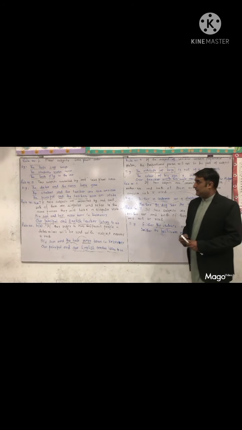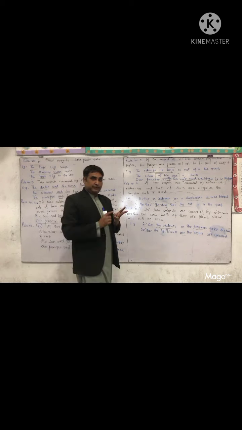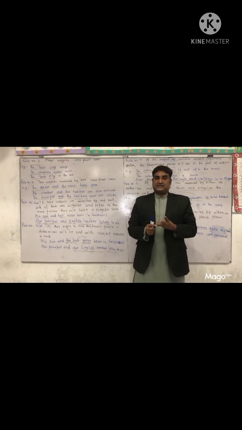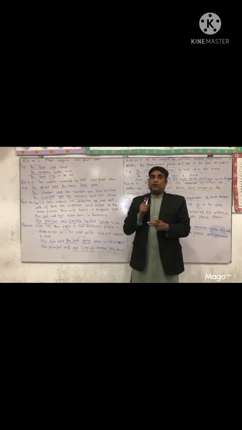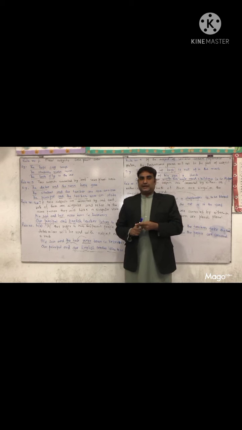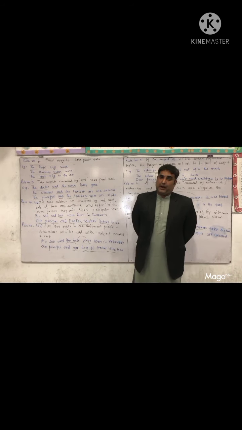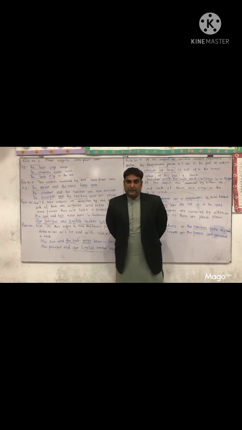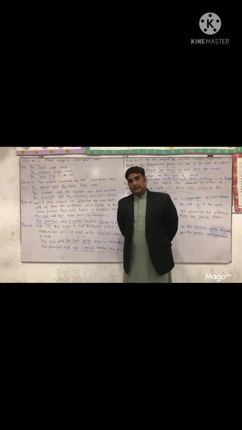So what we have discussed till now: rule number 2, plural subjects take a plural verb. When two subjects are connected by 'and', whether both are singular, both are plural, or one is singular and the other plural, they take a plural verb. When two singular subjects are connected by 'and' and refer to the same person or thing, they take a singular verb.